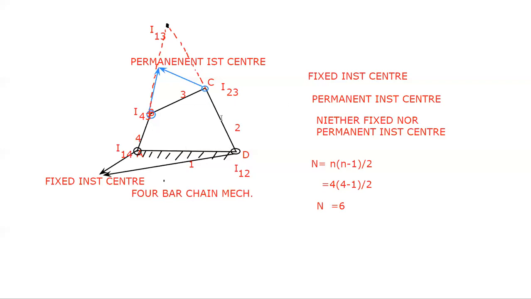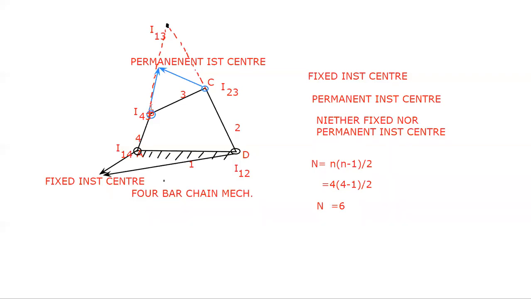So from here one line will be passing. Okay, so that line I'll be drawing here. I will extend this BC line. You can see BC link, that I'll be extending like this. For extending that line, I'll be changing my color.